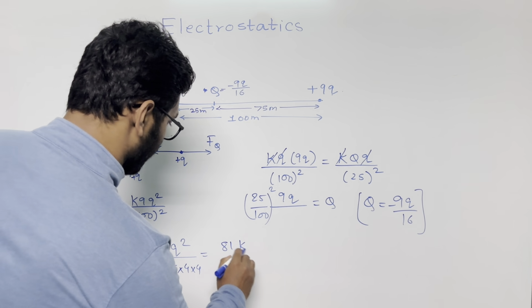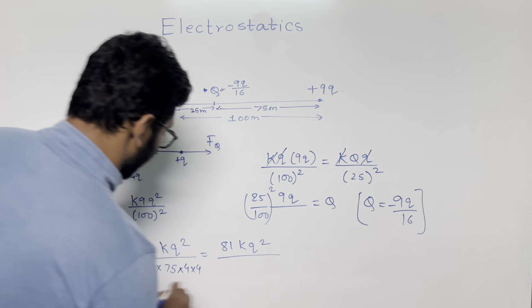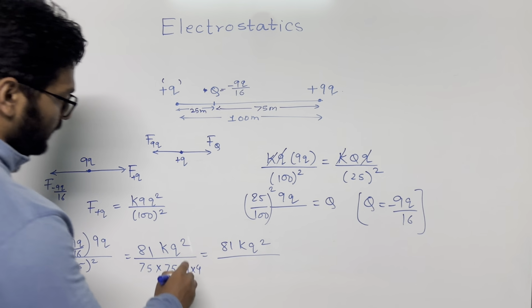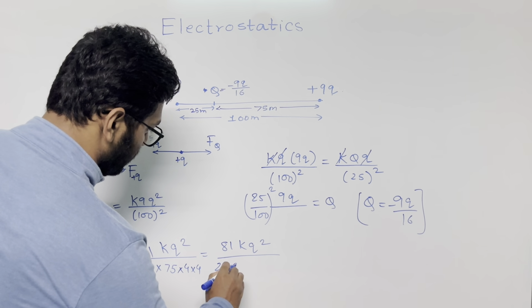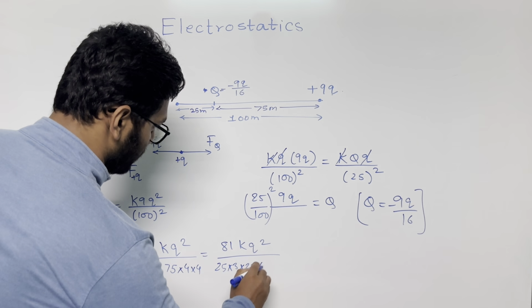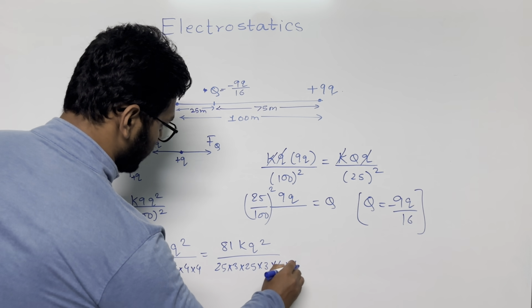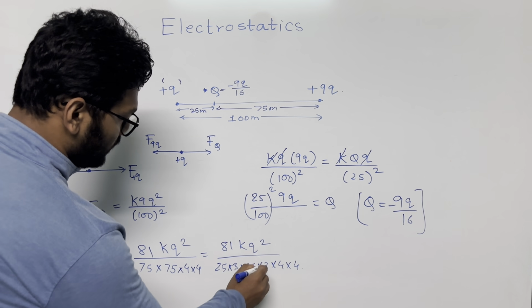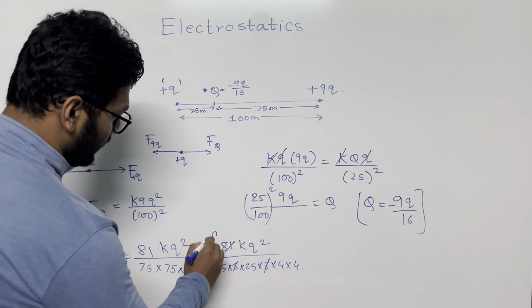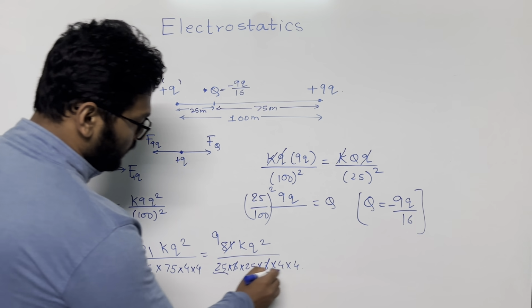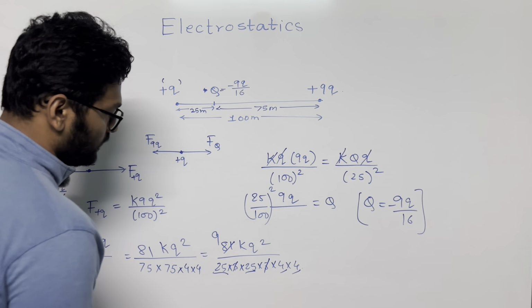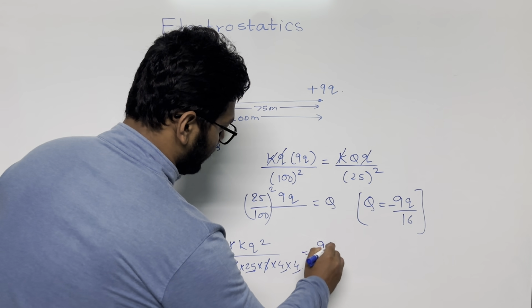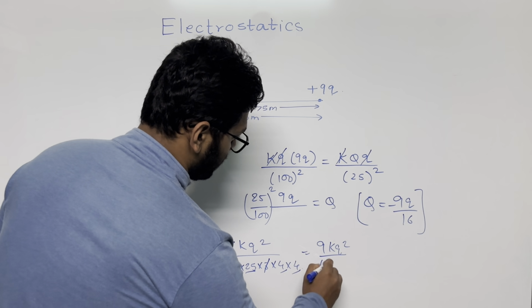This is 81 kq square. Can I write 75 as 25 into 3? So this will be 25 into 3 into 25 into 3 into 4 into 4, right? Okay, so 3 into 3 is 9. So this 9 into 9 is 81. Now 25 into 4 is 100, 25 into 4 is 100. So this will be 9kq square by 100 square.